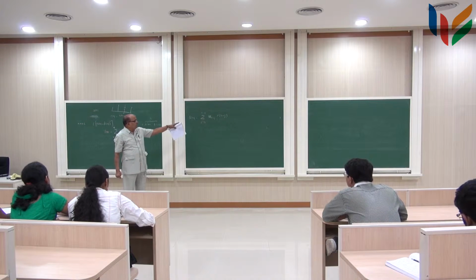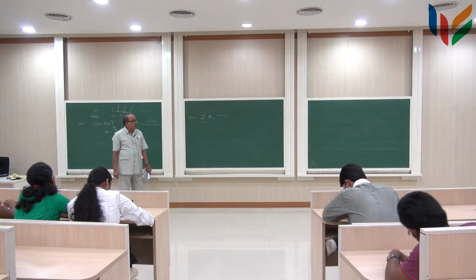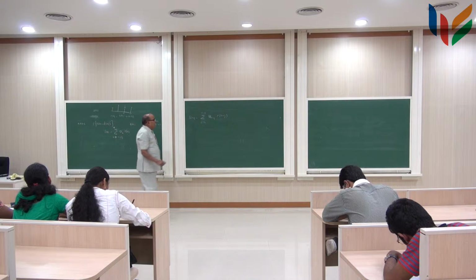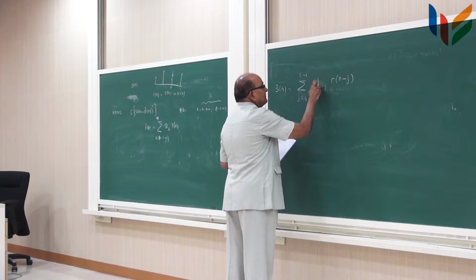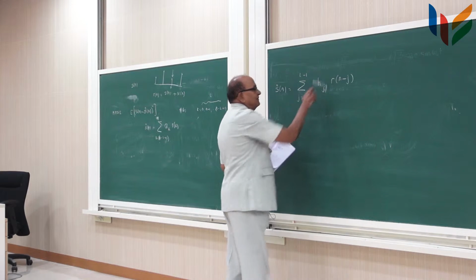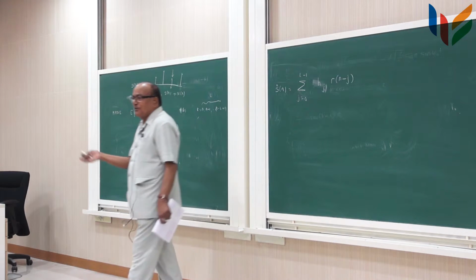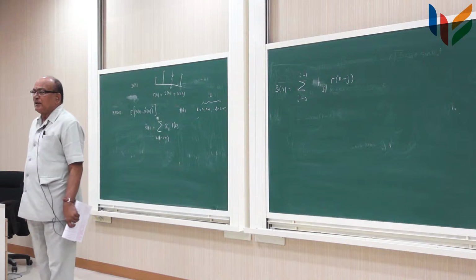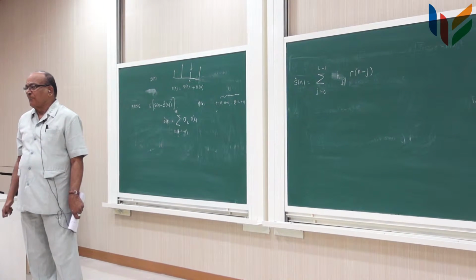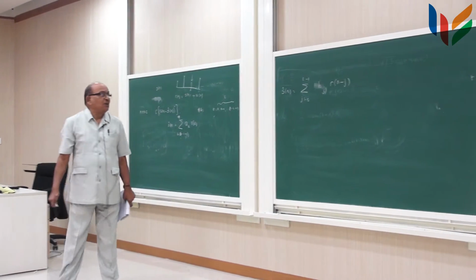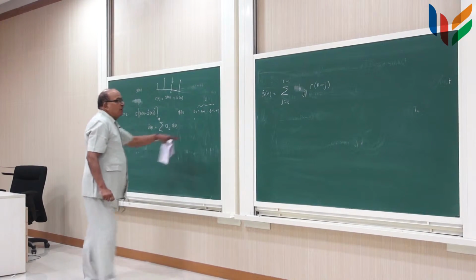I will give you a n minus j. If you call this a n minus j as h j, a is a constant, so I can give any name for it. So a n minus j I am calling h j. So this expression is the same as this expression.